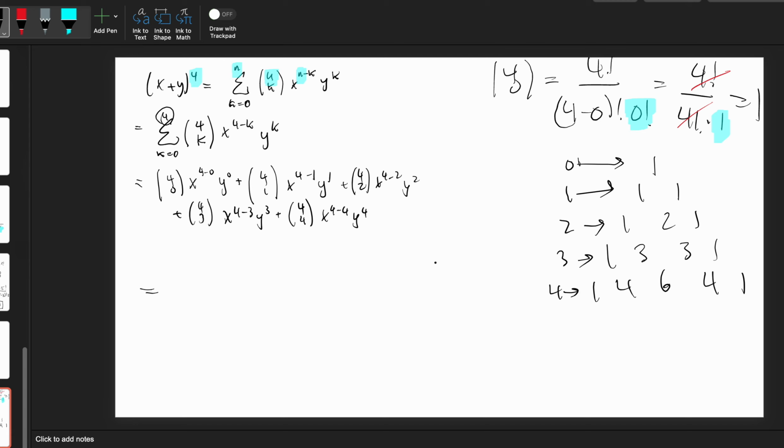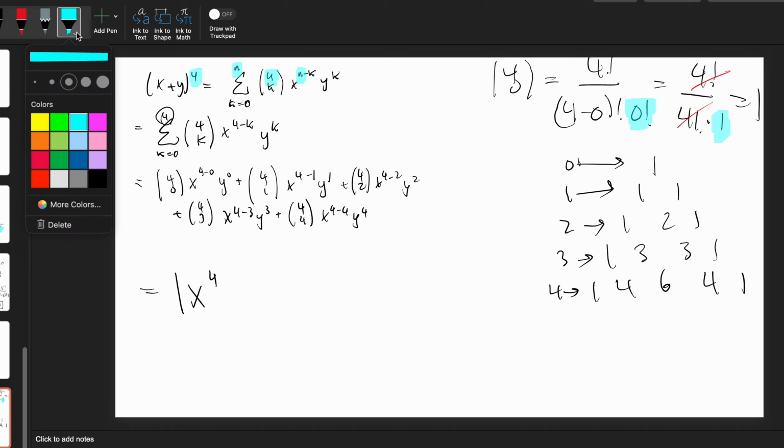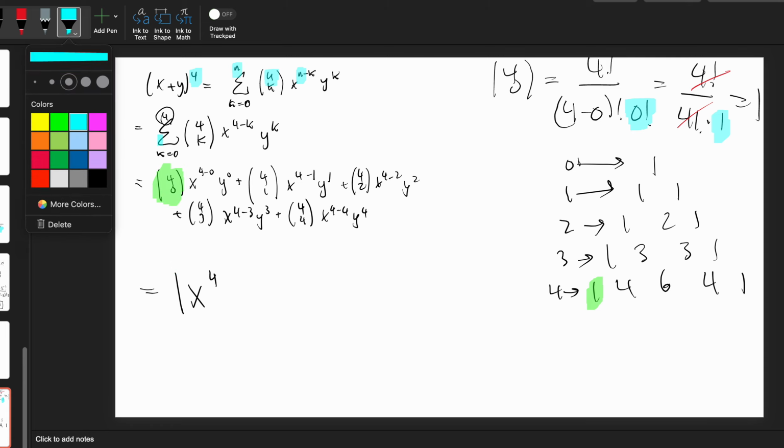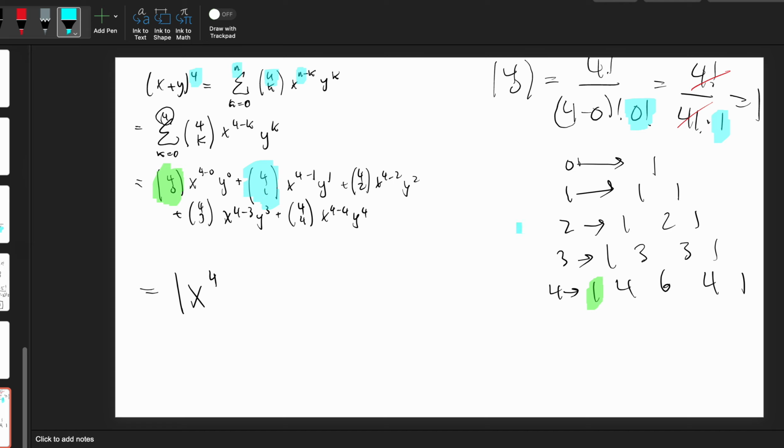Okay. So 4 choose 0, the 0th element, is 1. So this is going to be 1, x to the 4. Let me make that clear here. So this corresponds to 1. And then the next element, 4 choose 1, corresponds to this 4 here.